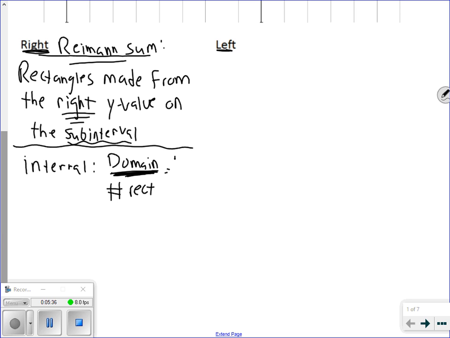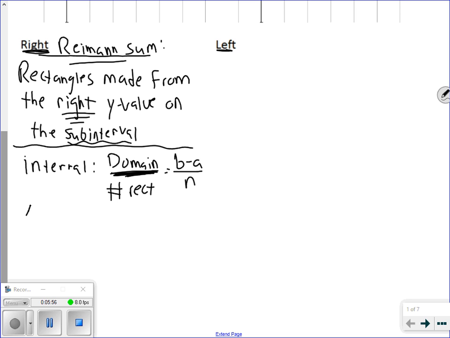So we're going to call that b minus a over n. So if I'm going from a to b, the length of my domain would just be the difference between the two. So in this case, my domain is 2 divided by n. Okay? So we'll do this example up here in a second.